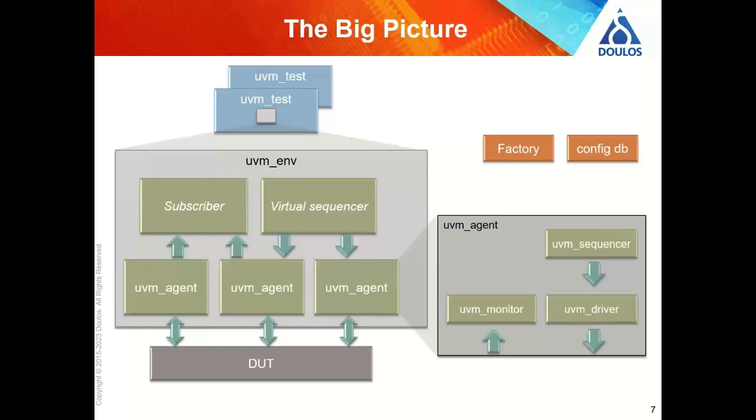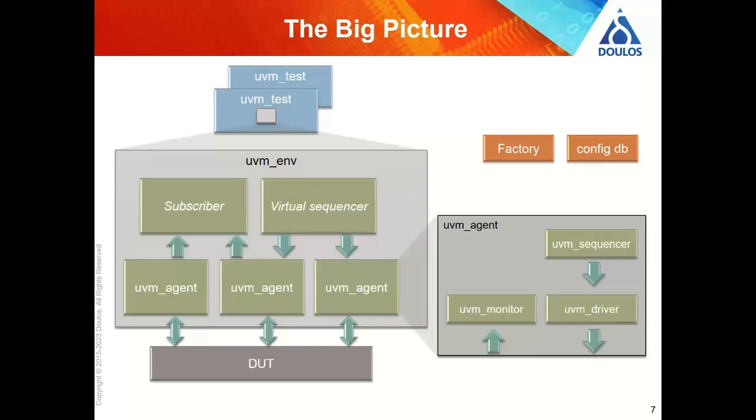Those are basic building blocks. We're going to focus on what goes inside this UVM agent, because UVM agents are designed to be reusable verification components. Typically, each agent will be associated with a certain type of interface. So you may have an AXI bus interface or an I2C interface and so on, and each one would have a corresponding agent that understands the protocol.